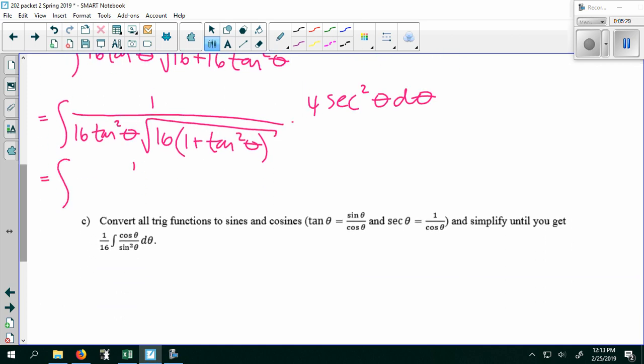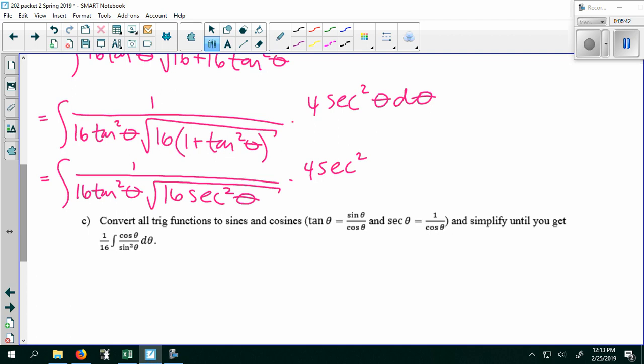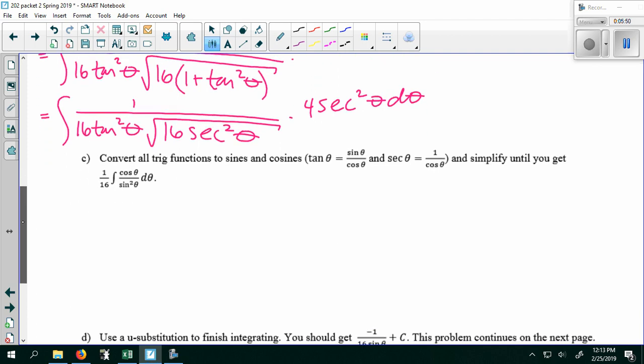So integral of 1 over 16 tangent squared theta times the square root of 16 secant squared theta times 4 secant squared theta d theta. And I'm out of room, so I'm just going to move into this next part here.